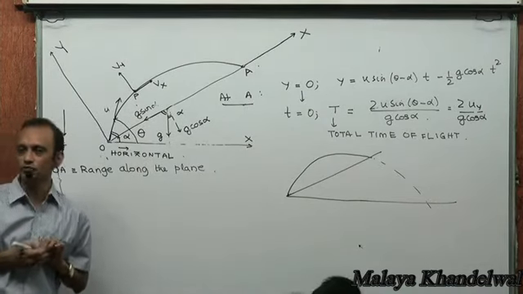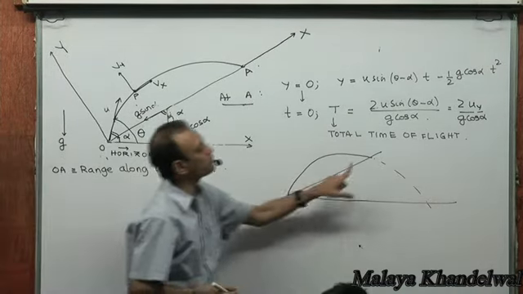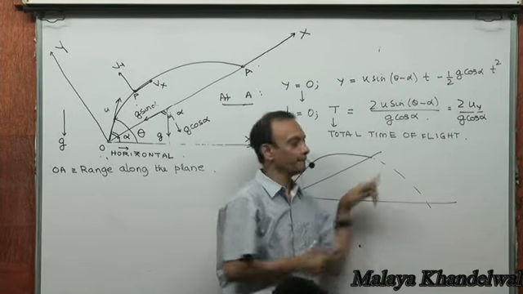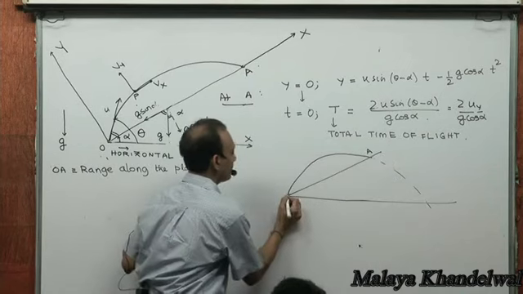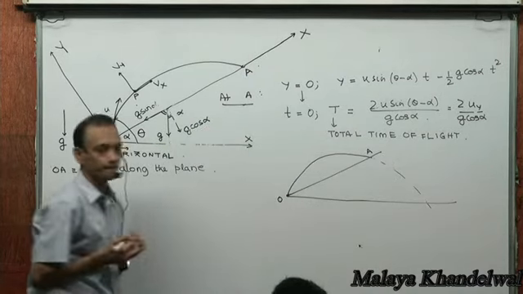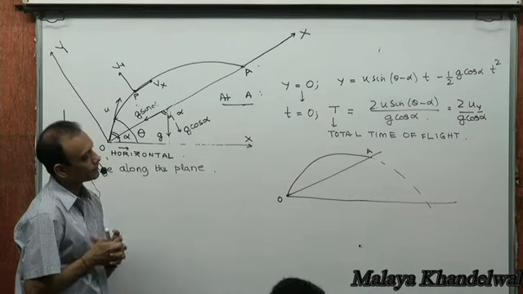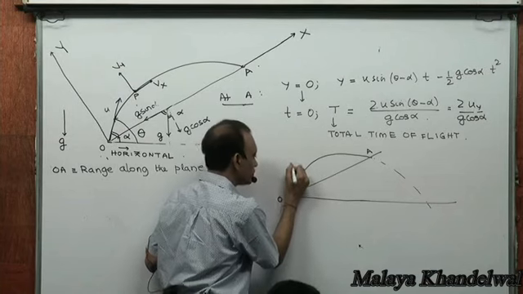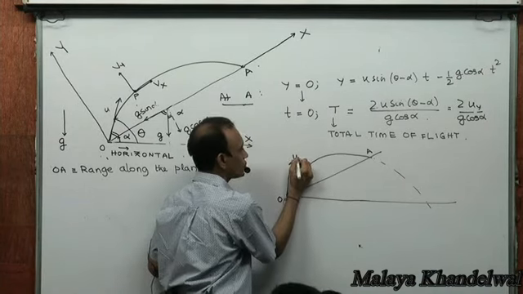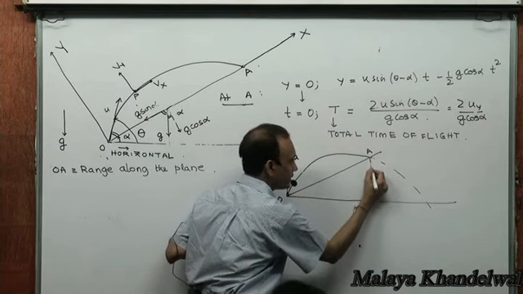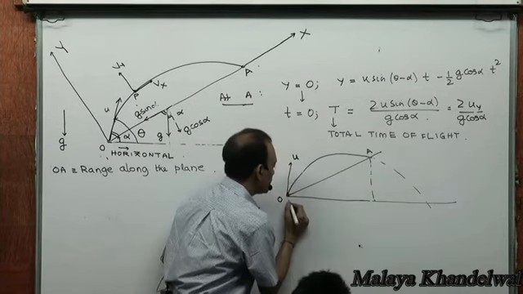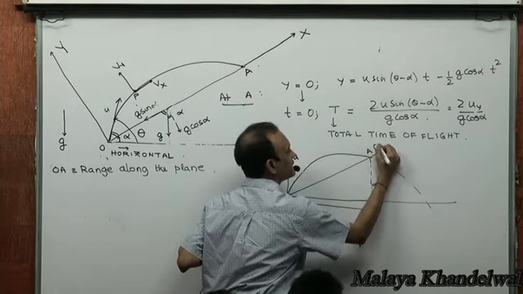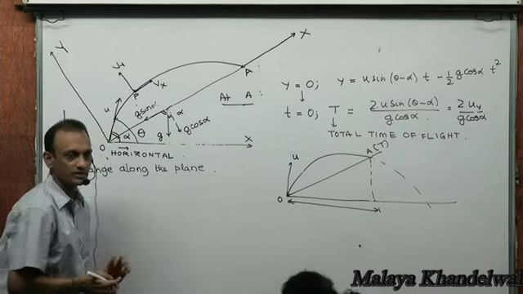It just got prematurely intervened by its collision at A. This was the velocity of launch. When it reaches A, it takes time, capital T seconds, to reach A. Yes or no?